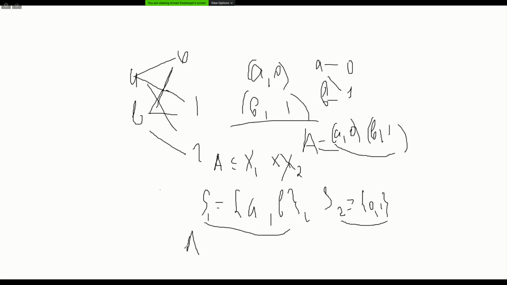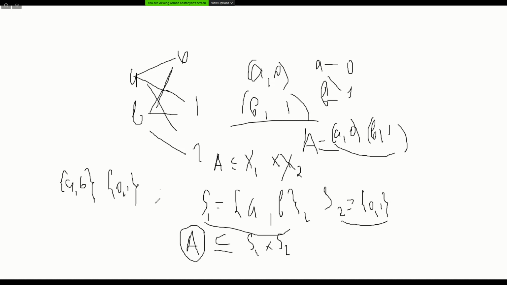So A is a subset of S1 multiplied by S2. But this set cannot be represented as a Cartesian product. A0 and B with 1 cannot be represented as a Cartesian product because we need to have A and B from one side and 0 and 1 from another side.